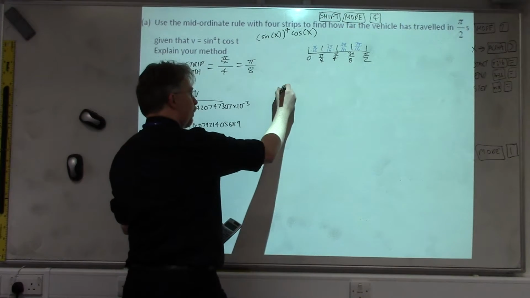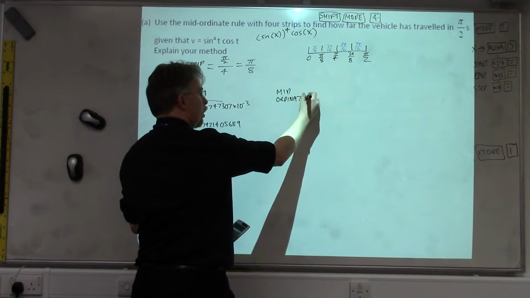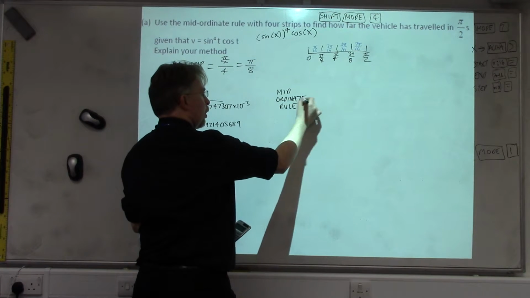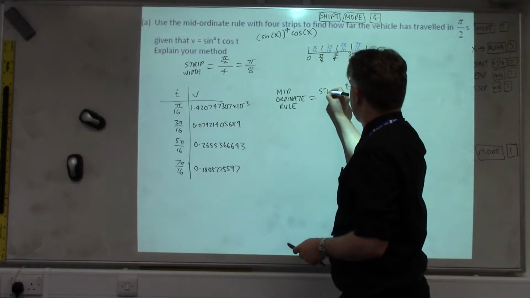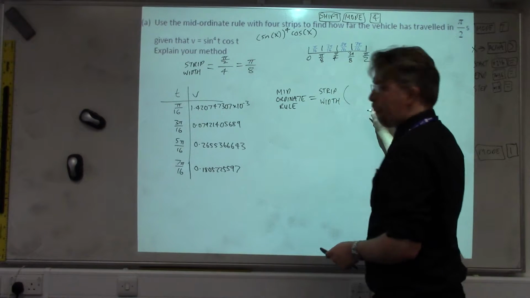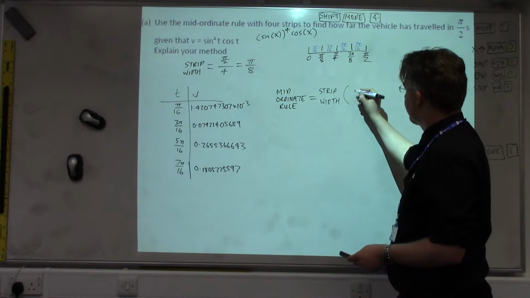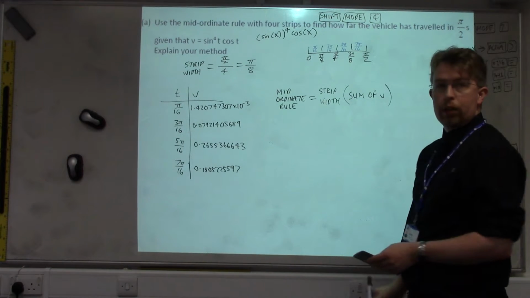So the mid-ordinate rule formula equals the strip width times open bracket, sum of the v, close bracket.